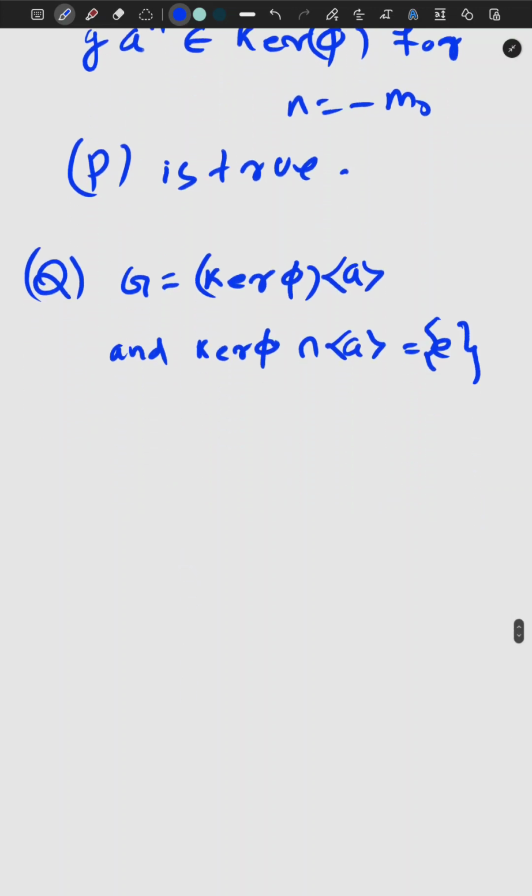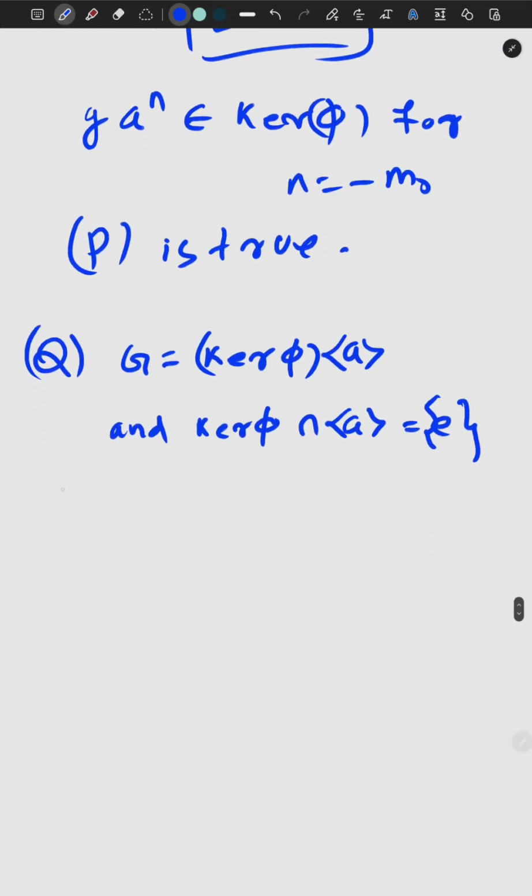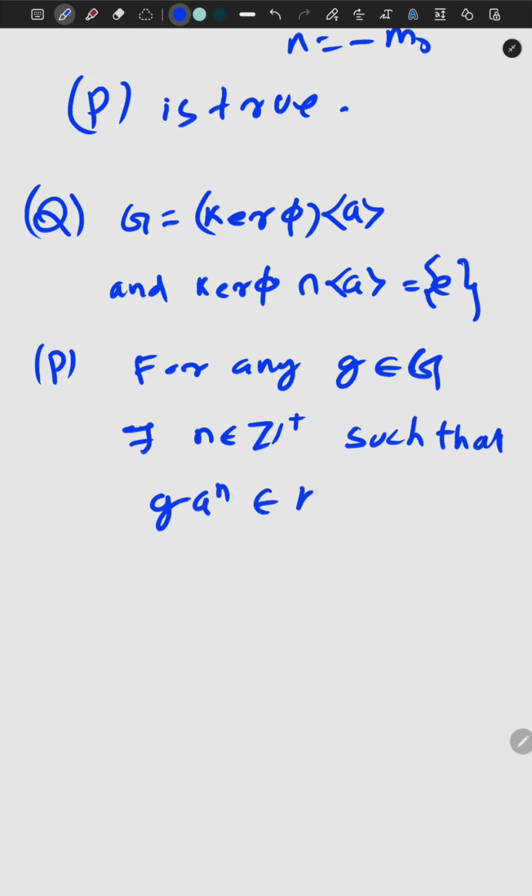From statement P we have shown that for any g belongs to G, there exists n belongs to Z plus such that g a to the power n belongs to kernel phi.